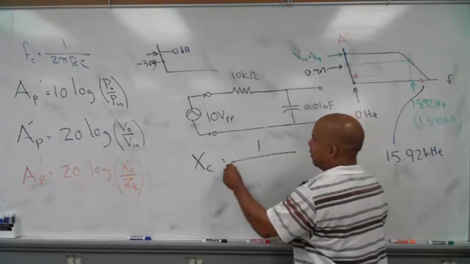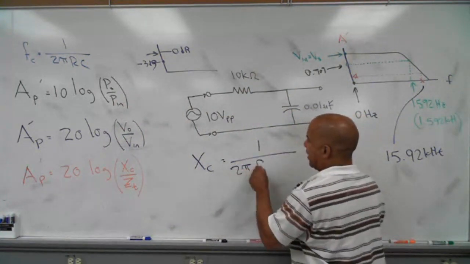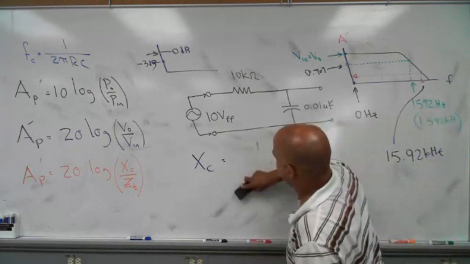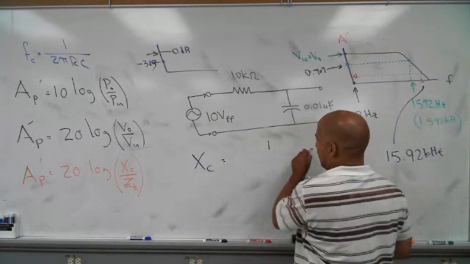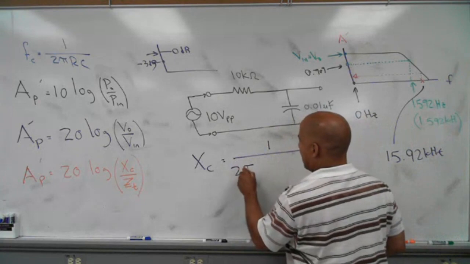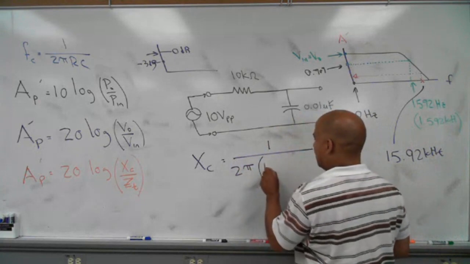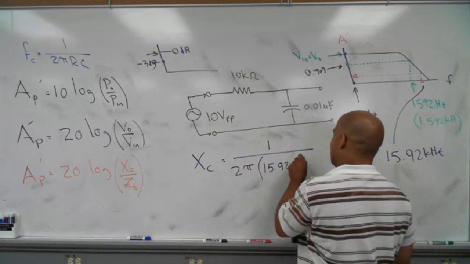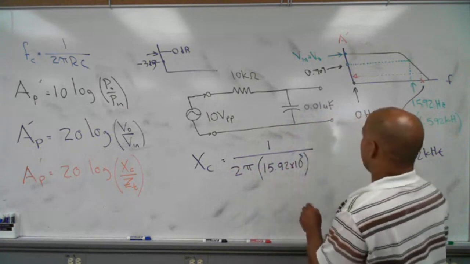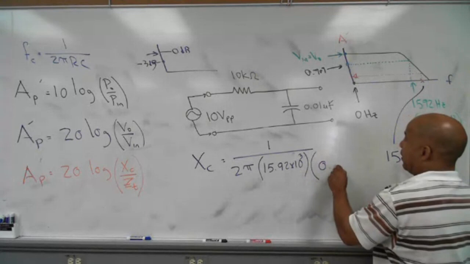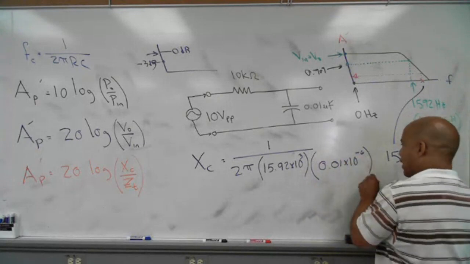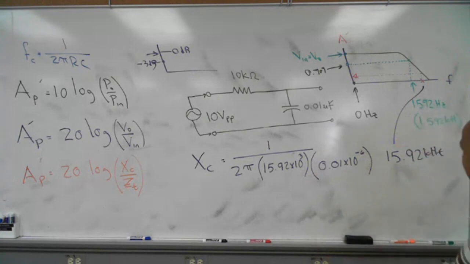So this is going to be 1 over 2 pi FC. So if I put my numbers in there, it's going to be 1 over 2 pi. The frequency is 15.92 times 10 to the third hertz. And my capacitor value is 0.01 times 10 to the minus 6 farads. Again, I'm leaving my units off.